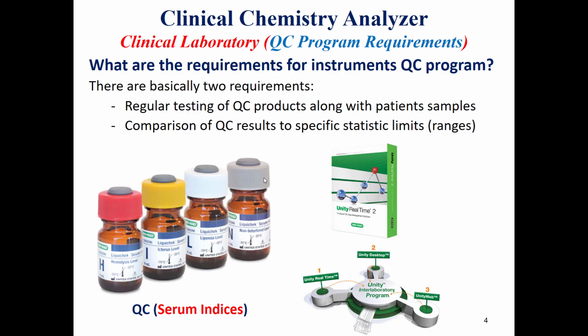So there are two requirements: the running of the QC products with samples and the analysis of the result using a software. The quality control product could be either internal quality control product manufactured by the manufacturer of the analyzer, or could be external quality control product manufactured by a third party.